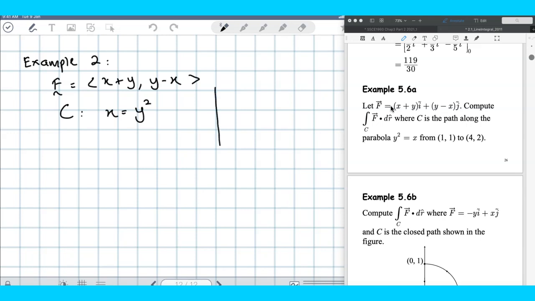What is the graph of this? Now you have y and your x here. So it looks like that is the curve, isn't it? Okay, but you have to evaluate from the point 1, 1 to 4, 2.